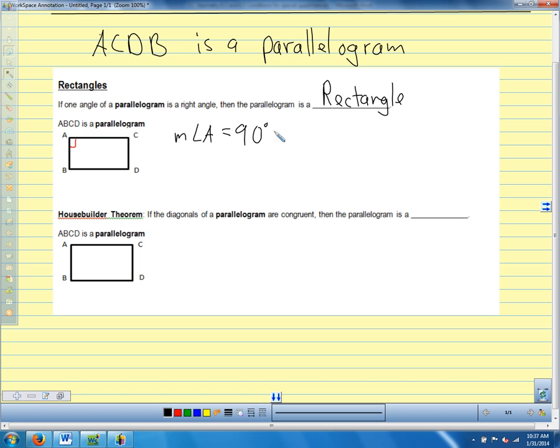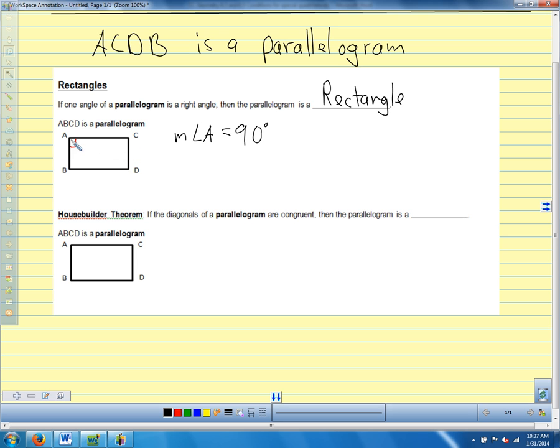So let's talk for a second about why that is true. If this is a parallelogram, what do we know about opposite angles of a parallelogram? They're congruent. So if angle A is 90 degrees, angle B has to be 90 degrees. What do we know about consecutive angles, two angles in a row in a parallelogram?